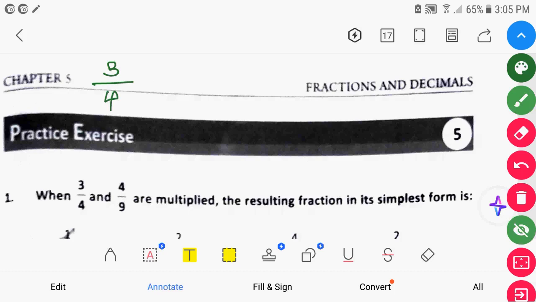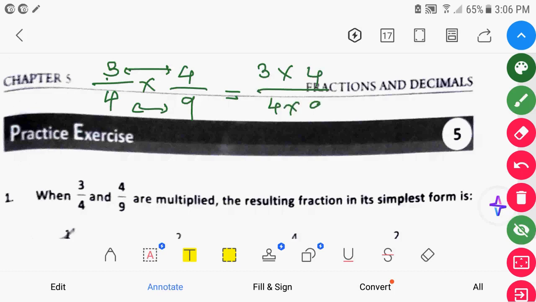So we have two fractions. One is 3 by 4 and the other is 4 by 9, and we have to multiply them. For multiplication of fractions, we multiply numerator with numerator and denominator with denominator. So multiply 3 and 4 and multiply 4 and 9.